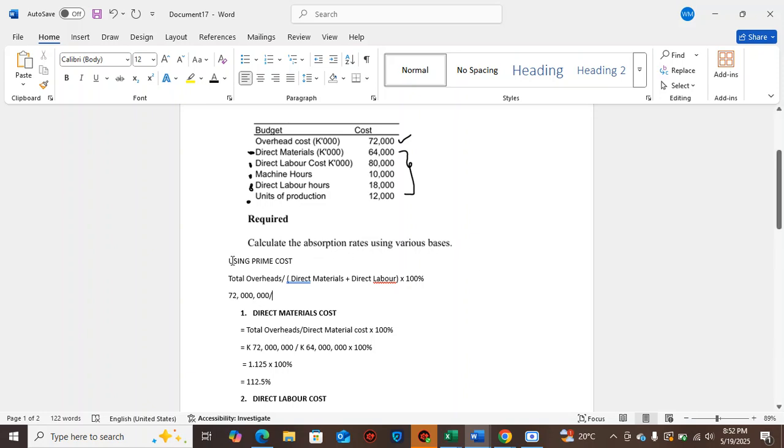So using prime cost as our absorption base, you just add direct materials plus direct labor.